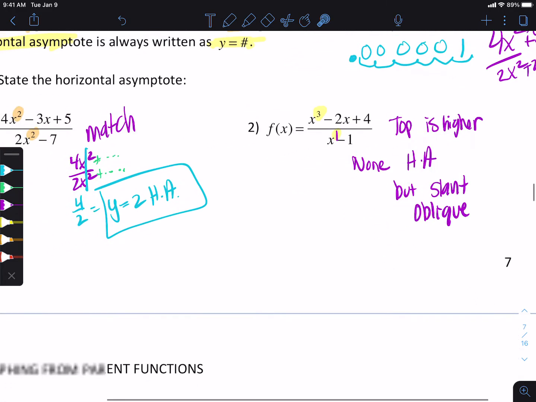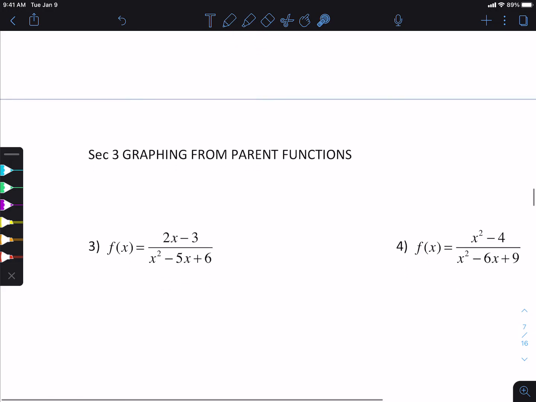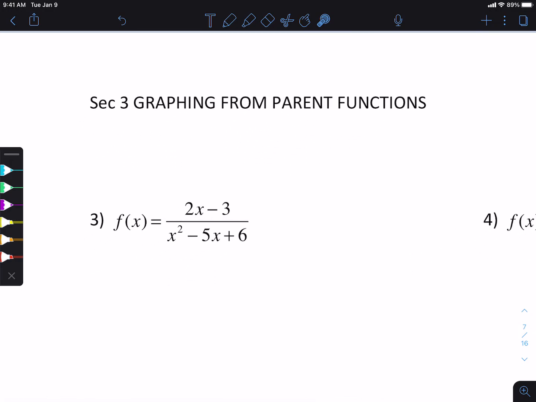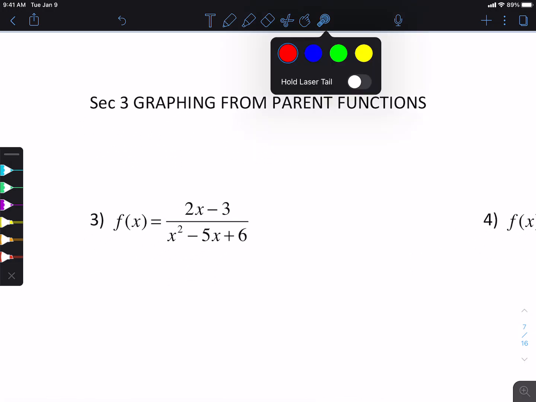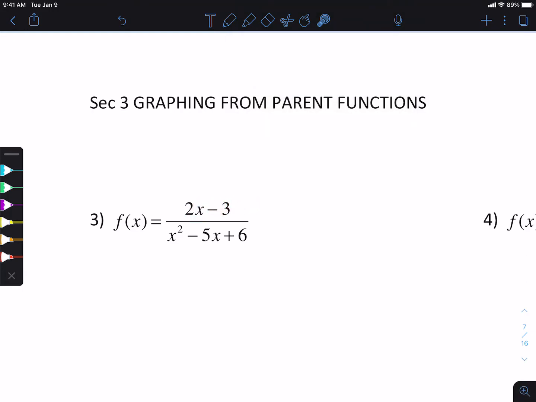If we look at this next example, we've got the 2x minus 3 on top. So the unsaid 1 is the power or the degree on the top. On the bottom, we have x squared minus 5x plus 6, so our quantity squared is the degree on the bottom.